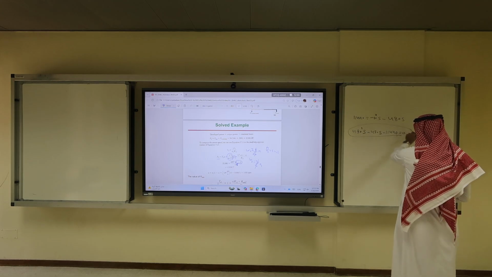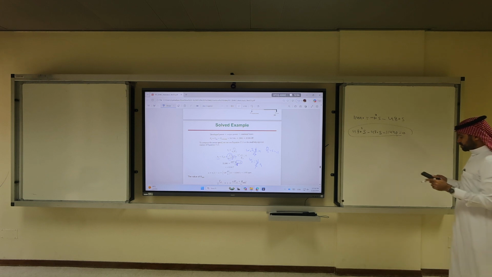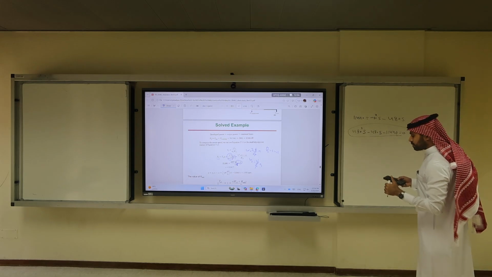Yes. Using the calculator, you put A to be 480 square, B to be minus 480, and C to be minus 11440. So you should get 2 slips.